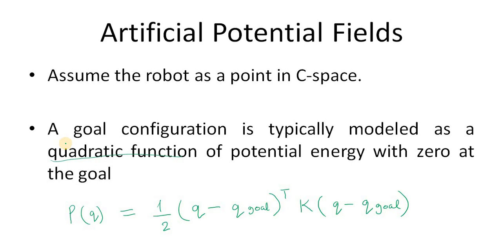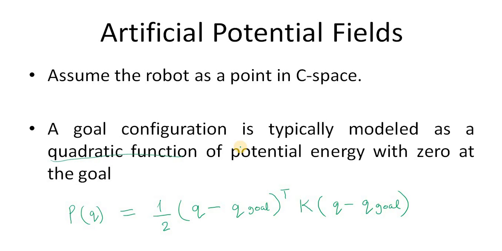As you can see, when these two terms are multiplied, they will become a square. So this will become a quadratic equation. Anything with a square is a quadratic function. Okay, where K is a symmetric positive definite weighting matrix. It can be an identity matrix also.